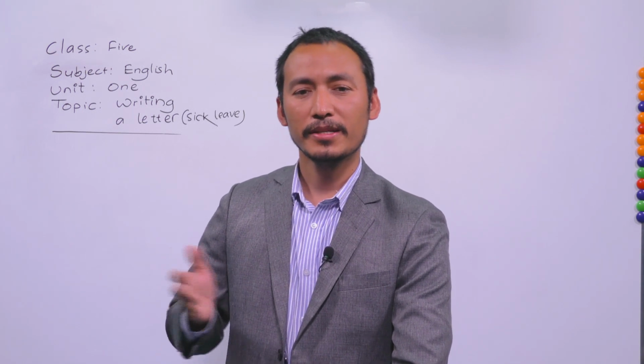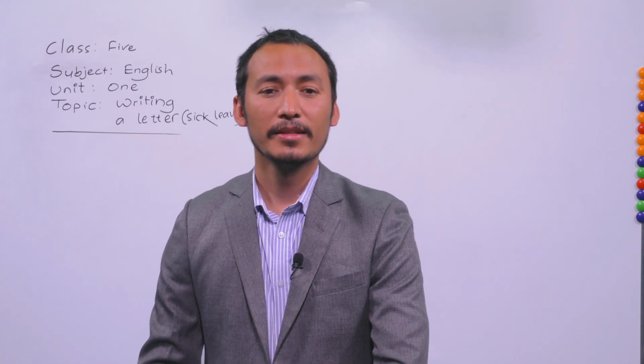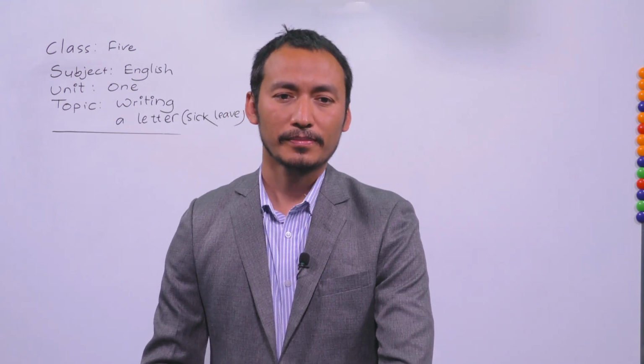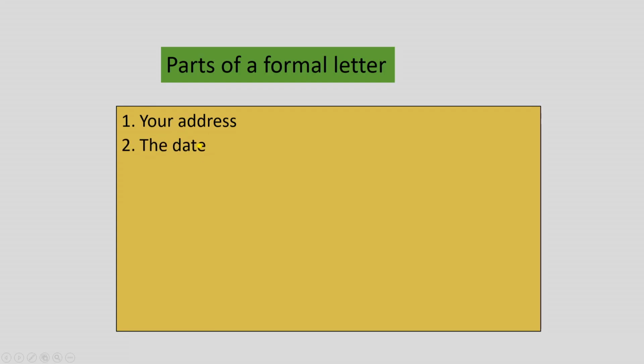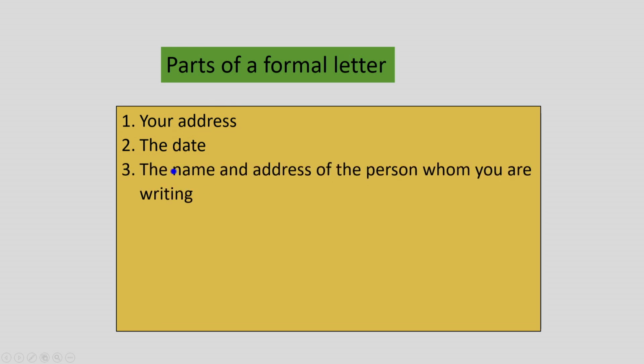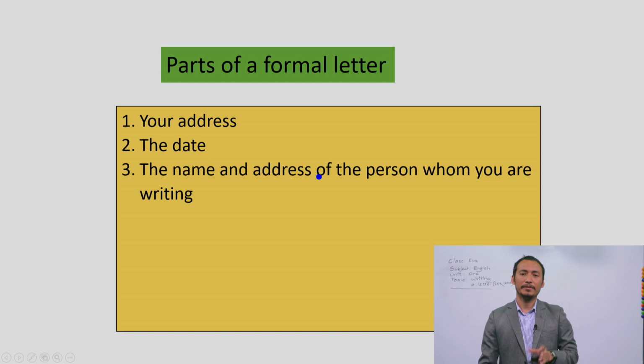First, you write the address, that is the same thing, and then the date comes as before. Another difference is in the third part: the name and address of the person to whom you are writing. This is only in the formal letter, the letter which you write to your school or other offices, not to your relatives.